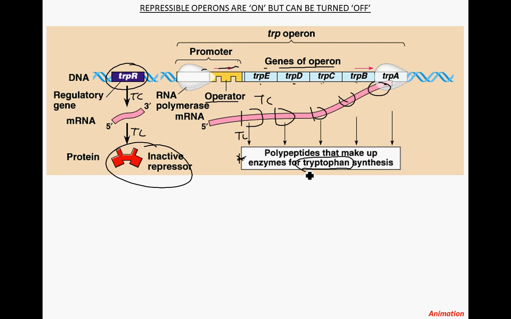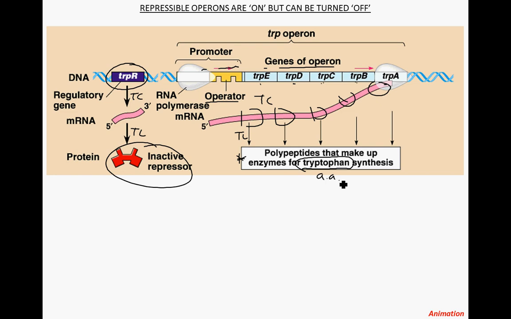This tryptophan, incidentally, is an amino acid that the cell can synthesize from precursor molecules, but it needs enzymes to do that. So if you're making one enzyme, you make them all, and therefore you end up getting tryptophan. As it sits right here, this operon is on, but can be turned off, hence it's repressible.